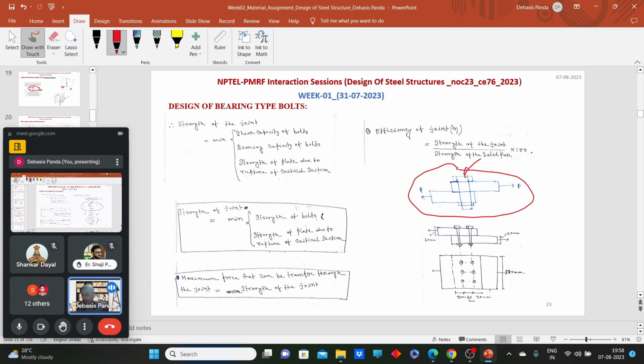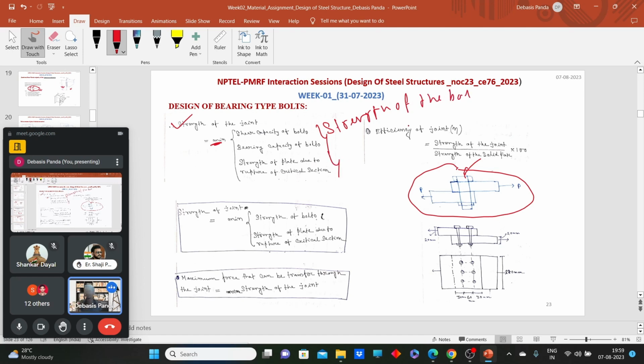Now what will be the strength of the joint? The joint is made up of bolt and the plate. So the strength of the joint will be minimum of the strength of the bolt, that is minimum of shear capacity and bearing capacity, and this is the strength of the plate.